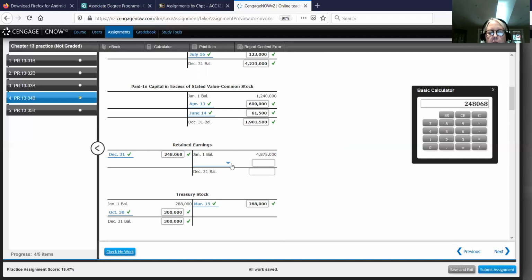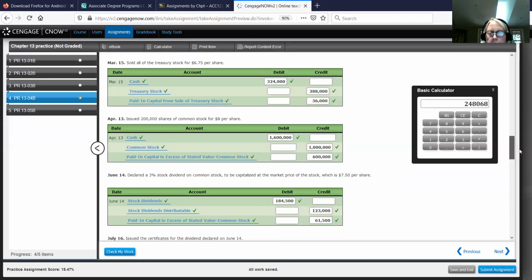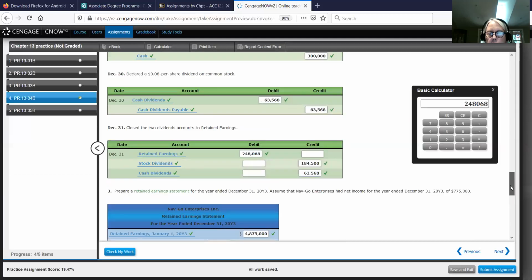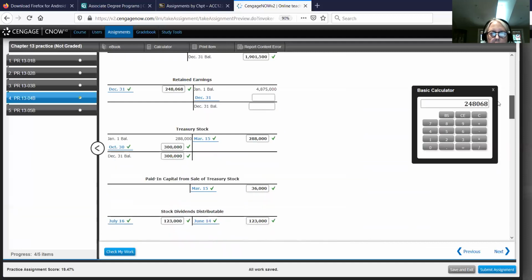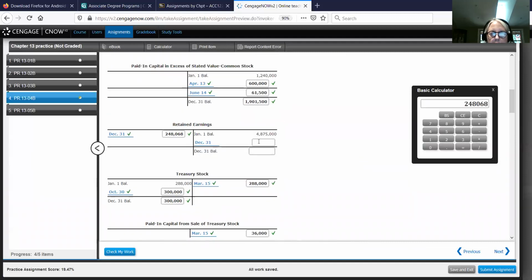We also have to record the fact that net income will add to retained earnings. So the net income would have been calculated on December 31st. The net income was given to us at $775,000. Net income adds to our retained earnings.